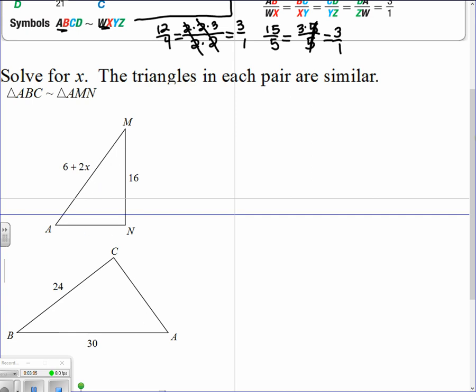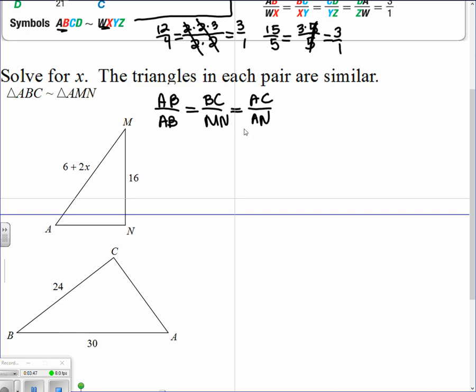So I know the following. The first two letters, AB is to AN, and that will be equal to the other ratio, length BC is to length MN, and then that'll be equal to the first and last letter, AC is to AN.